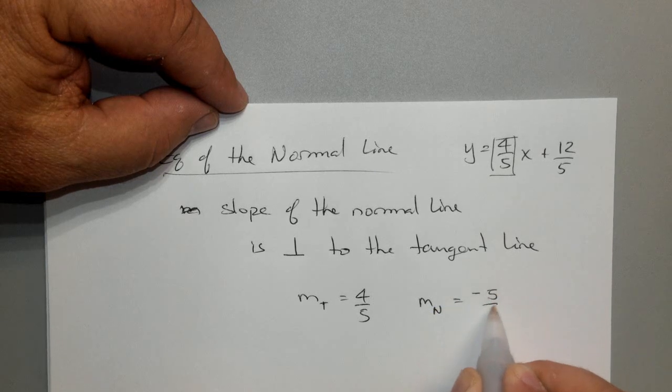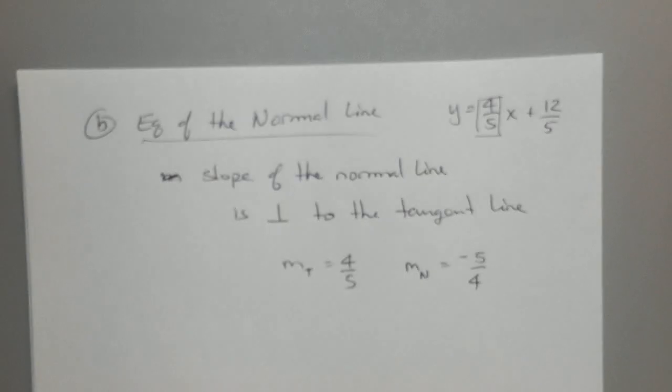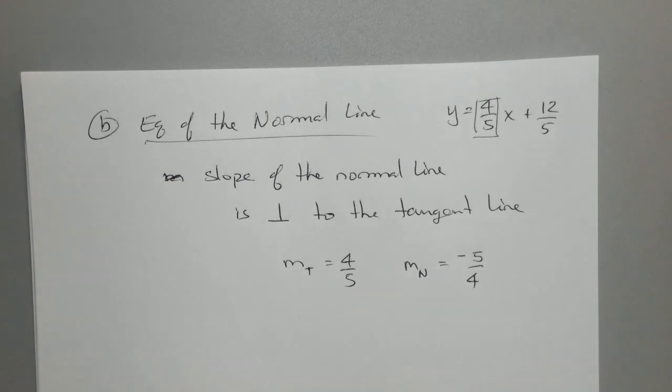It's negative 5 over 4. The slope of the tangent line is 4 over 5. The slope of the normal line is negative 5 over 4.